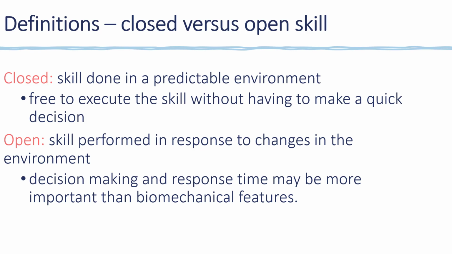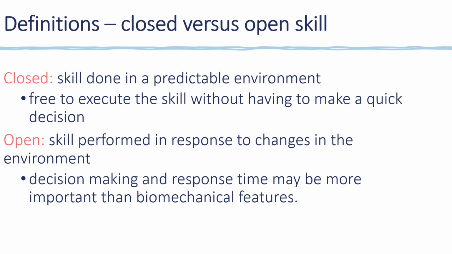There are no surprises coming at you. You're free to just execute the squat as you think it. Now, the opposite of that is an open skill, where the skill is performed in response to changes in the environment. So now you're in an unpredictable environment. And in this case, decision making and response time may be more important than the actual biomechanical features of that skill.